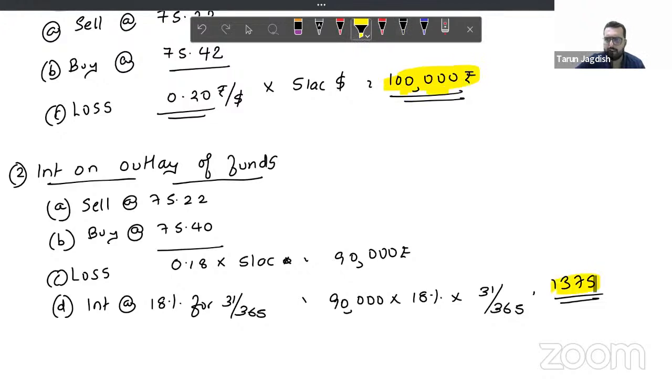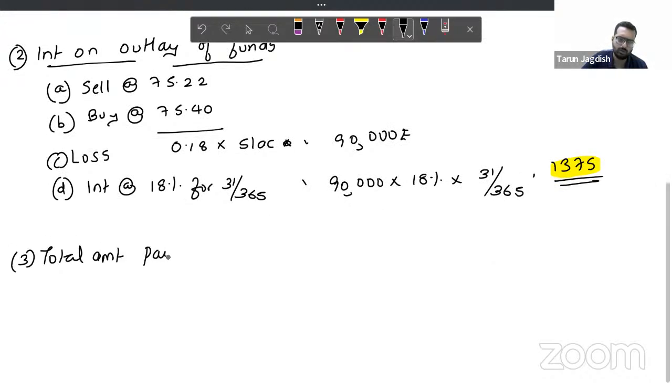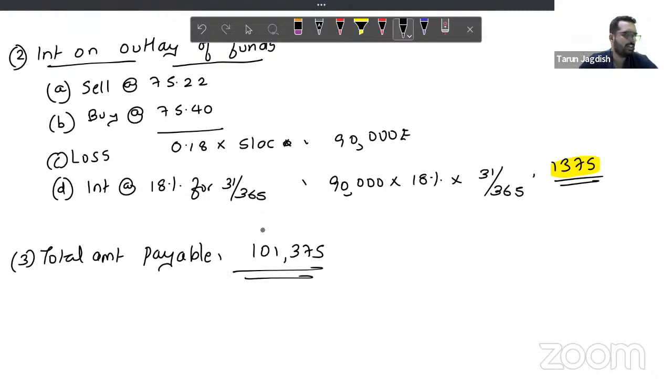So 1 lakh and 1375, when you add up these two, total amount payable to bank will be 1,01,375. So this much money the bank will deduct and only pay the balance money as per this MTP problem.